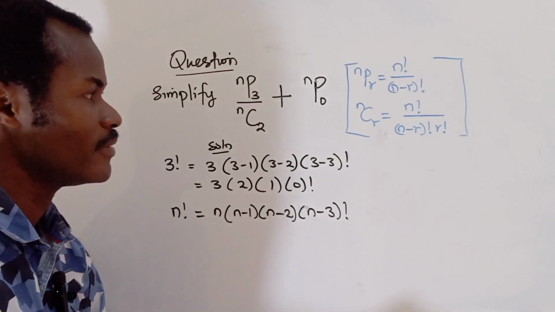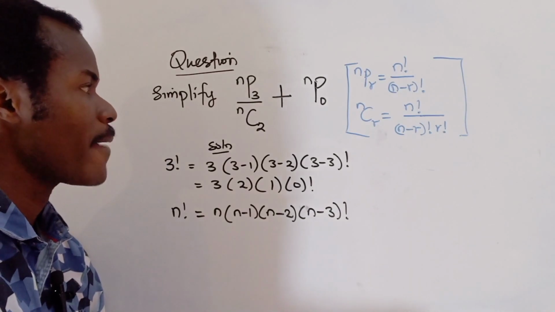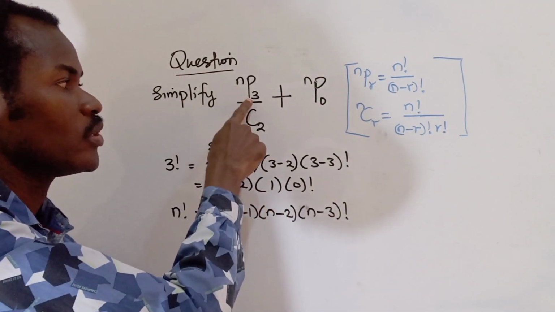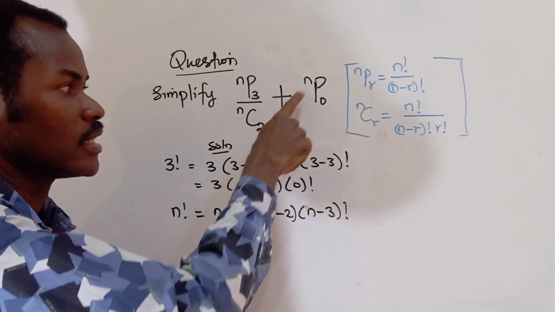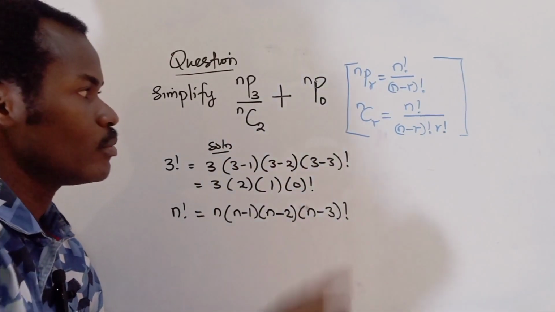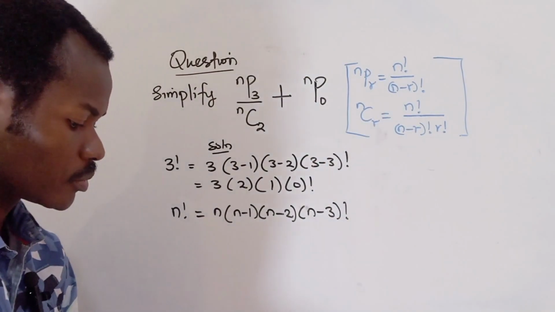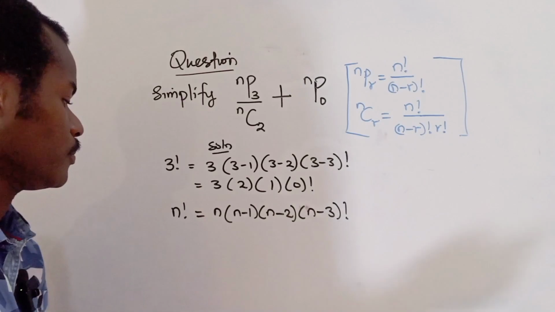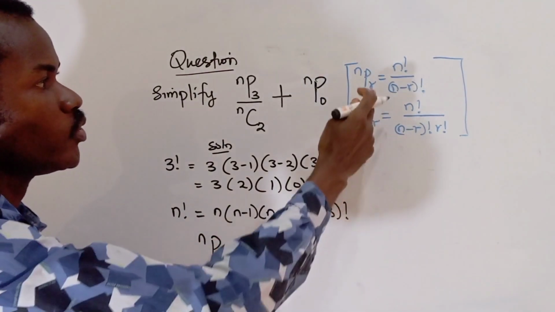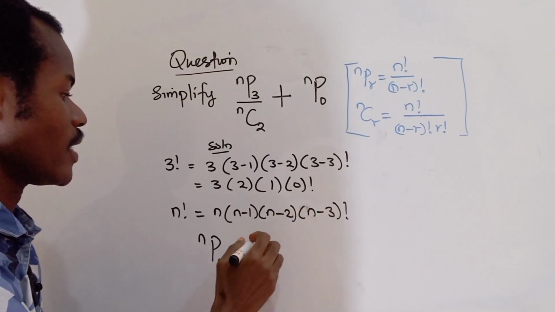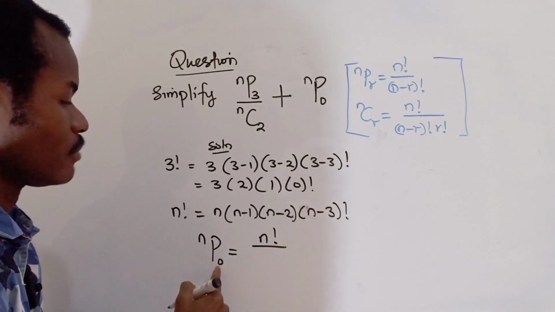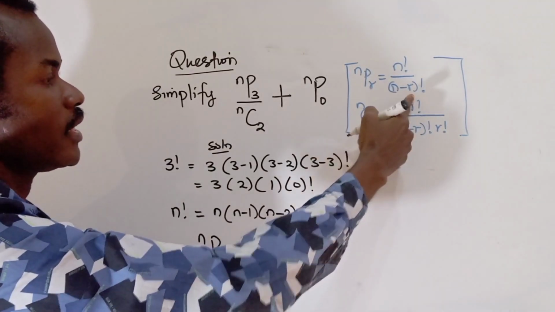So now that we have this, let's apply it to get what nP3, nP0 and nC2 mean. But let's start with nP0. If we use the formula, we are going to have n factorial divided by n minus 0 factorial, just like we have n minus r.